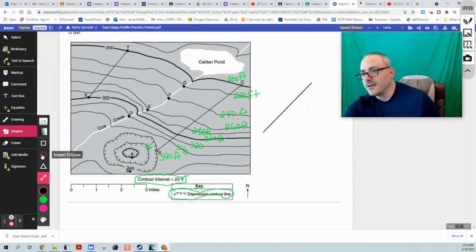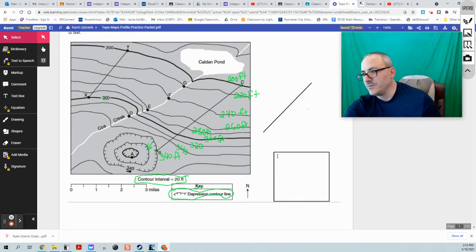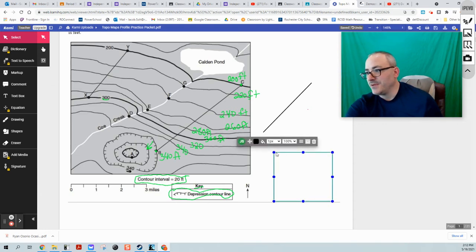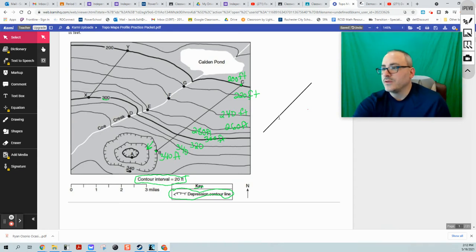Let me do a rectangle. Is it possible for me to rotate this rectangle after I've got it? I don't know. I don't deal with Cami too much, so I don't know what's possible here. I'm just playing around. Apparently, rectangles do not like to be rotated in Cami.